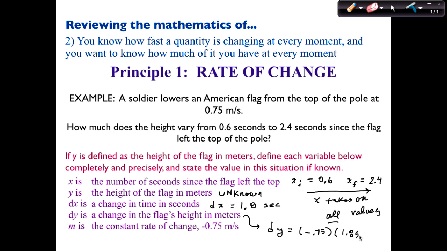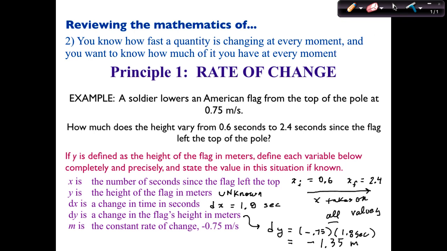That's our dx. So times that constant rate will give us, what? Negative what? 1.35. Thank you. Meters. So the dy for this particular situation is negative 1.35 meters, that the flag came down. Okay, questions on this slide?